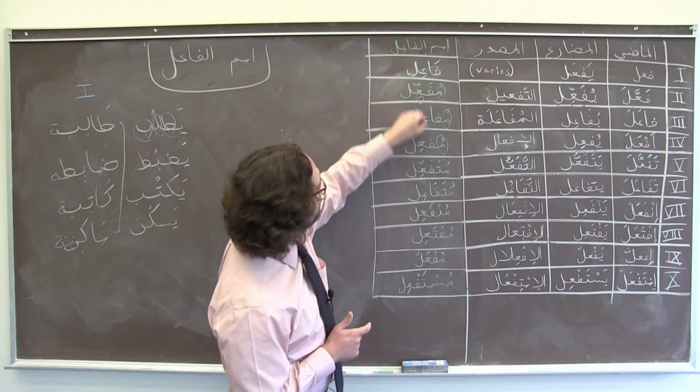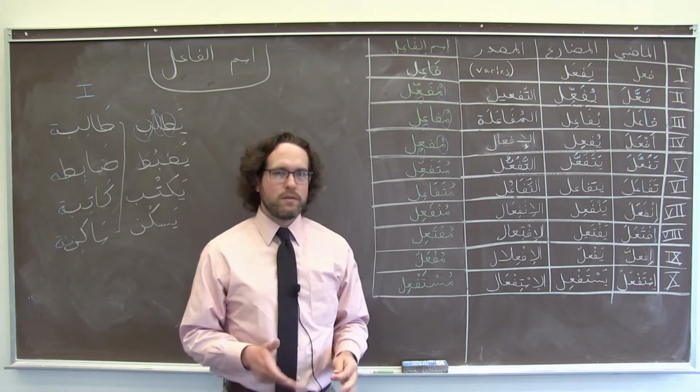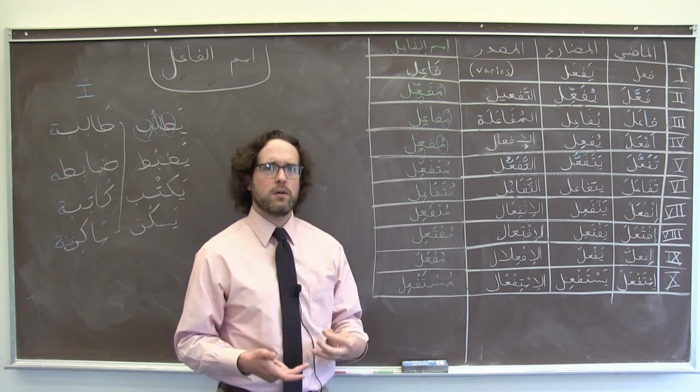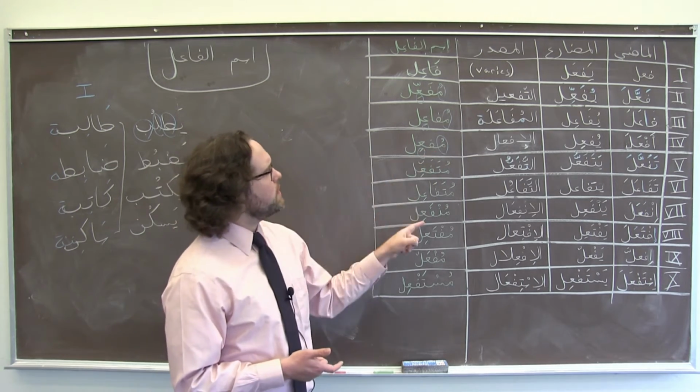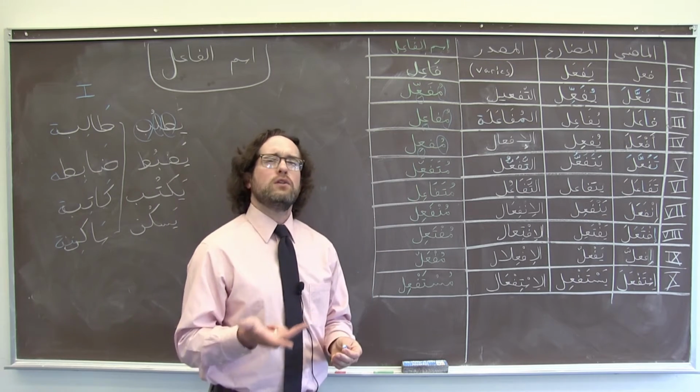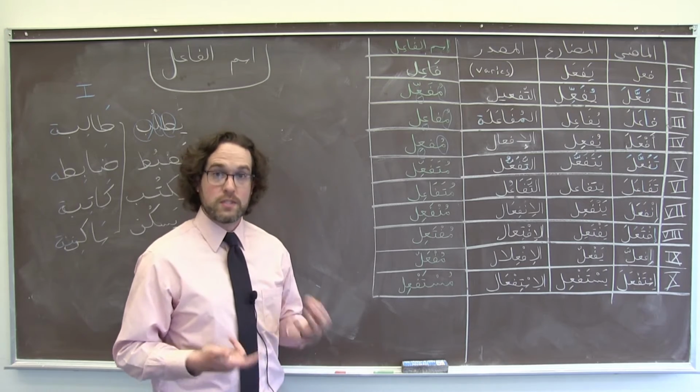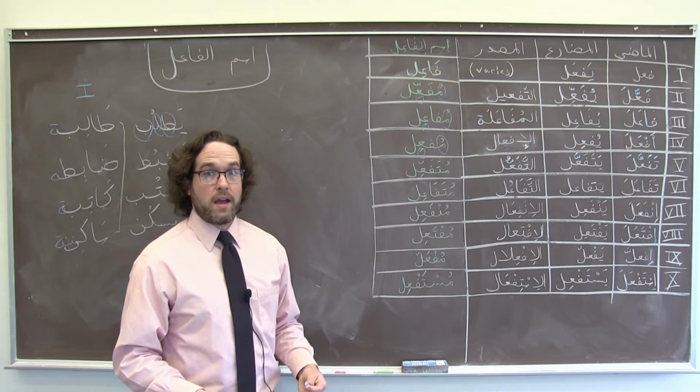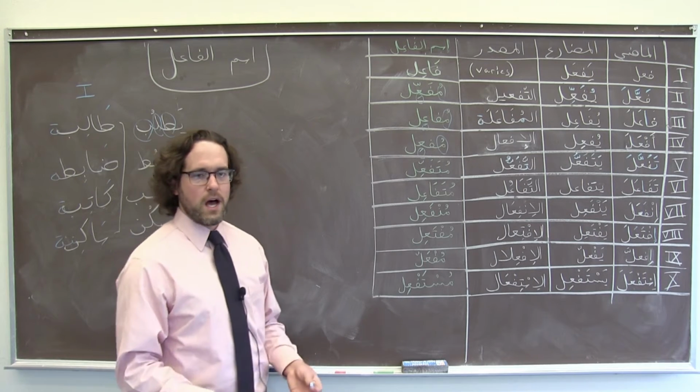This is true all the way down the line. So if you hear a new unfamiliar word that starts with a meem with a dhamma on it and has a kasra on the second to last letter of its judr, you can make a pretty decent prediction that you're dealing with an ism fa'il, right? Again, the doer of an action.